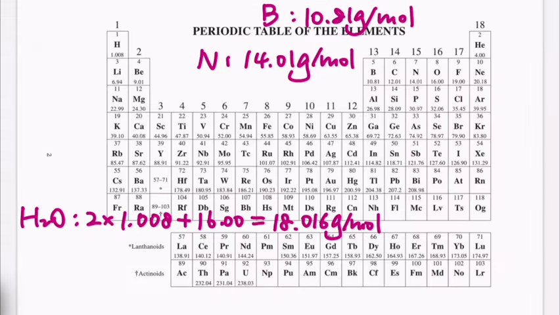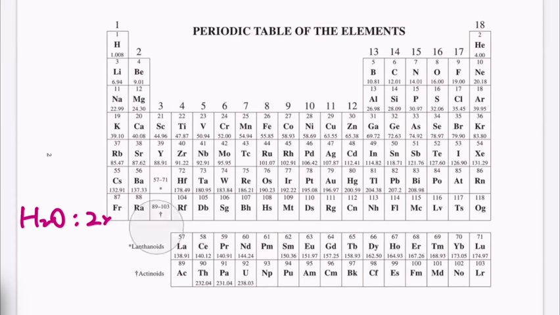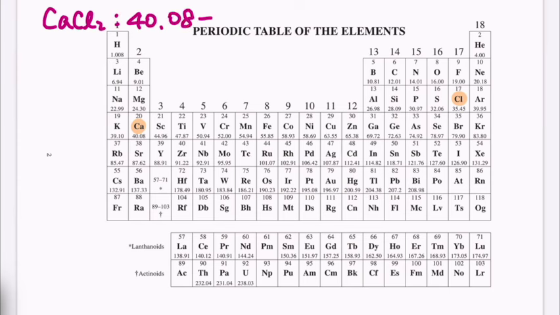Then what is the molar mass? On the periodic table, I have to find the molar mass of calcium and chlorine. So I have calcium here and then chlorine here. Then calcium chloride will have the molar mass of 40.08 plus 2 times 35.45, which is equal to 110.98 grams per mole.